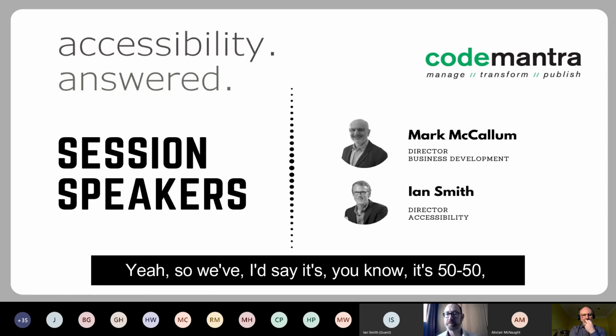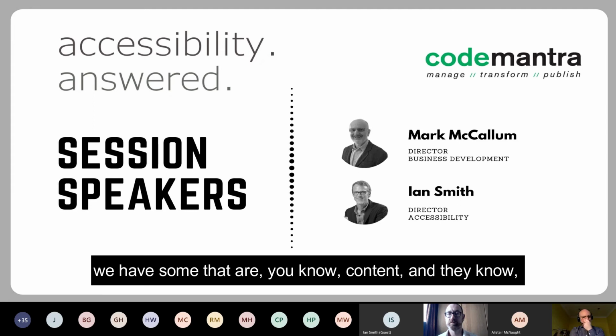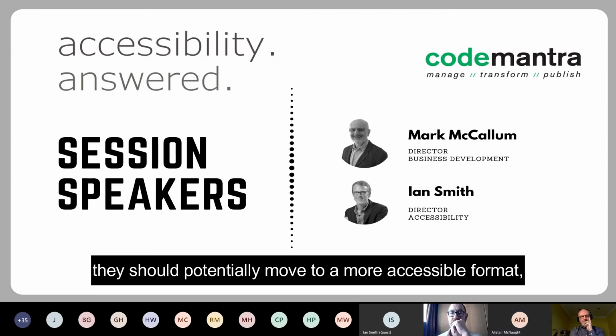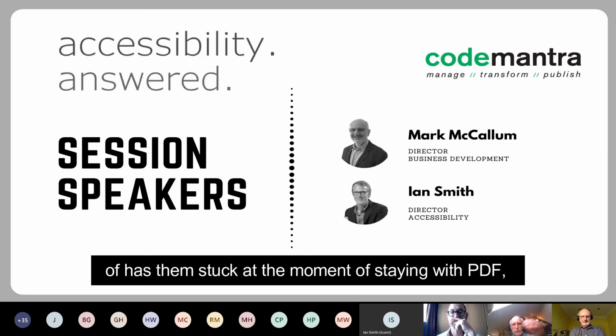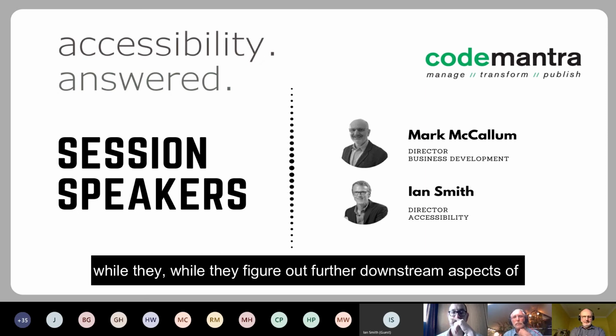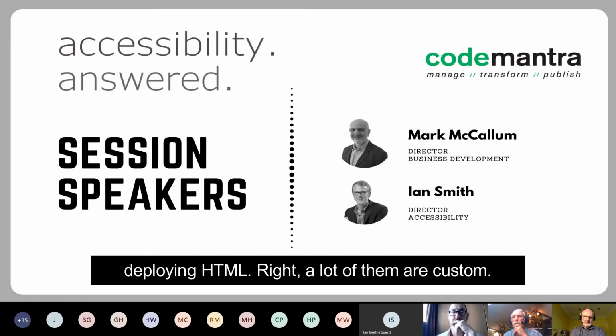Yeah, so I'd say it's 50-50. We have some that know they should potentially move to a more accessible format such as HTML, but their immediate demand and need has them staying with PDF while they figure out further downstream aspects of deploying HTML.